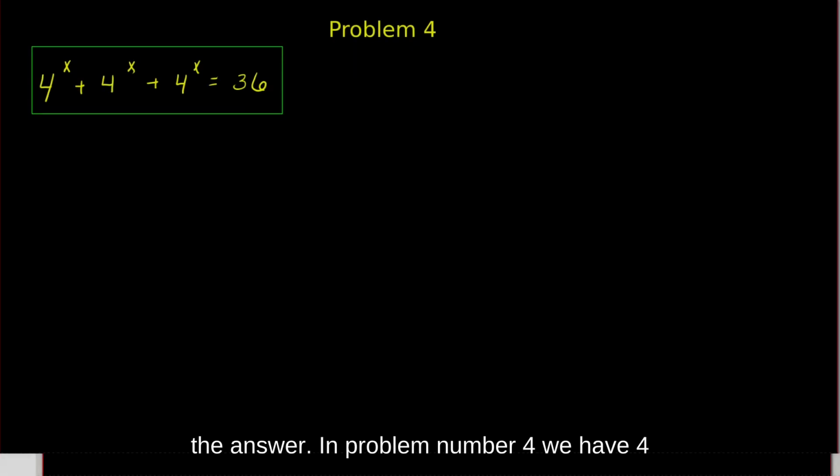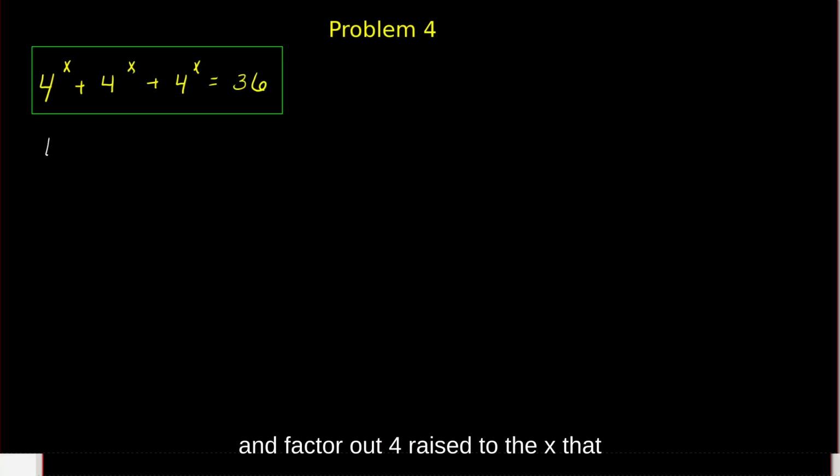In problem number 4, we have 4 raised to the power of x plus 4 raised to the power of x plus 4 raised to the power of x equals 36. So notice that we have 4 to the x 3 times. So let's go ahead and factor out 4 raised to the x.